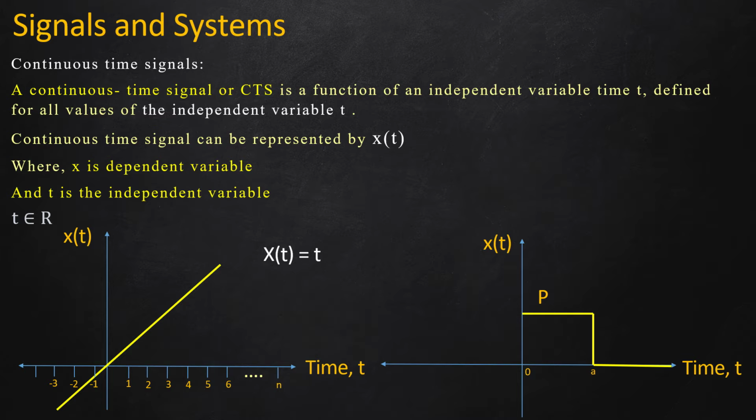Again, from t = 0 to t = b, the amplitude of the signal is p, and from t = b to negative infinity, the amplitude of the signal is 0. So the amplitude of the signal is p from t = b to t = a, and for other instances, the amplitude of the signal is 0. As we can see, this signal is also defined for every value of the time t on the x-axis. That's why this signal is also a continuous time signal.